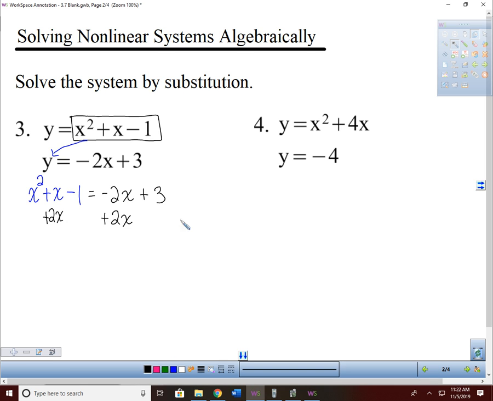All right, I also need to move this 3, so I'm going to subtract 3 and put it with its like term, the -1. That means everything over here cancels out and gives me 0. So if I do the math, I've got x squared, 1x and 2x give me 3x, and then -1 and -3 give me -4. So now I have this trinomial that I'm going to factor.